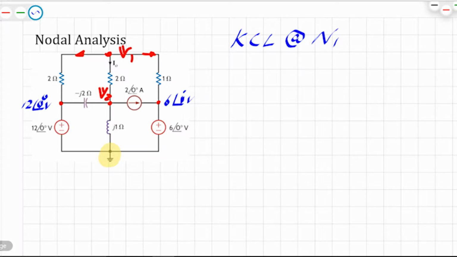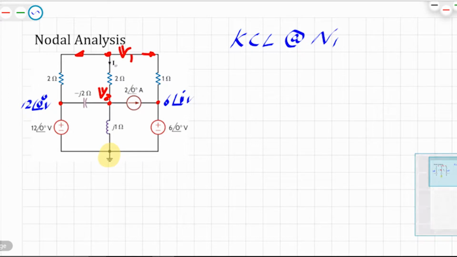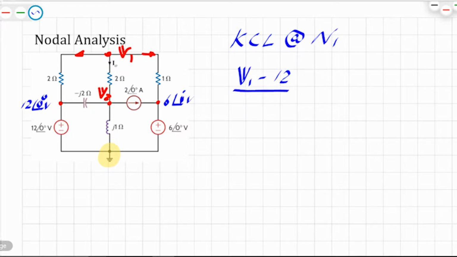Therefore, what we have here is V1 minus that node, which is 12, divided by 2, the impedance of this element here. This is one current coming out. The other current coming out is the one going through the 2 ohms here from V1 to V2.